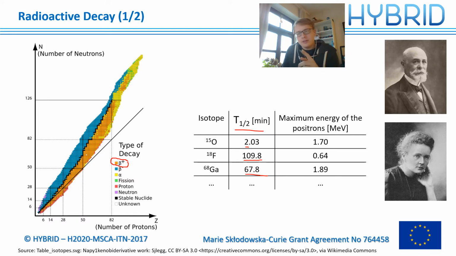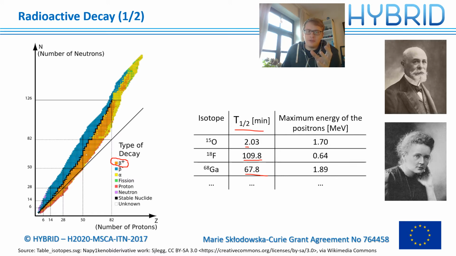And then there's also another property of those, not just the half-life, but also the energy at which positrons are emitted. And it's actually not that easy to say a positron has exactly that energy, because we'll come to that in the next slide, actually. But the maximum energy is kind of fixed.